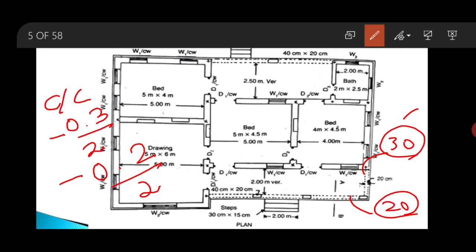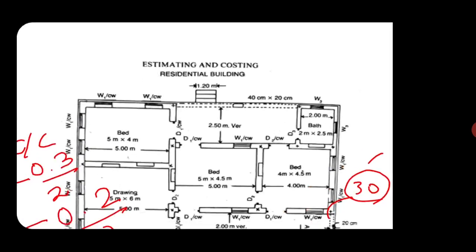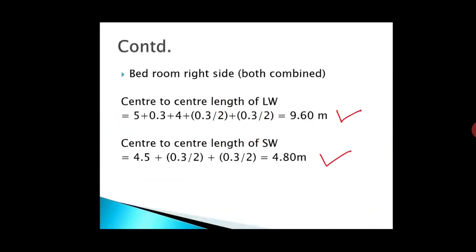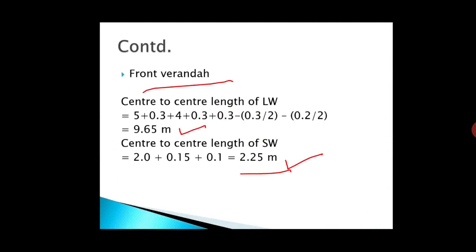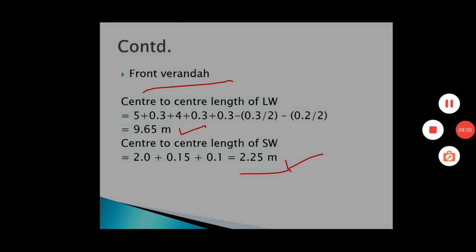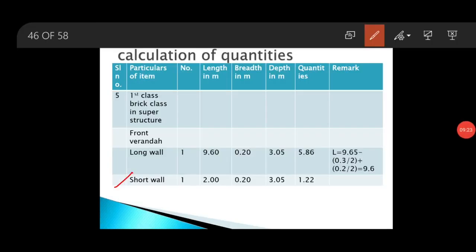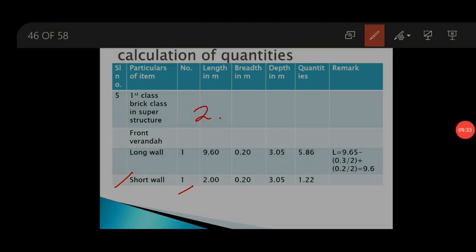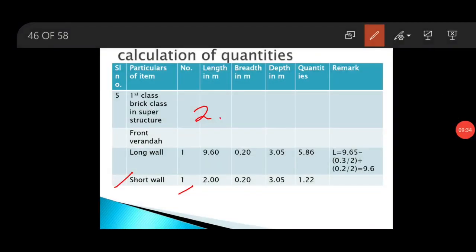So from the center to center length of 2.25, we subtract 0.3 by 2 and 0.2 by 2.